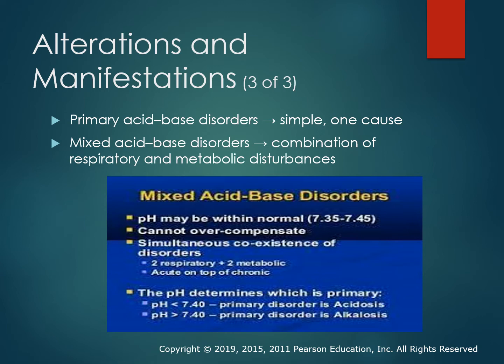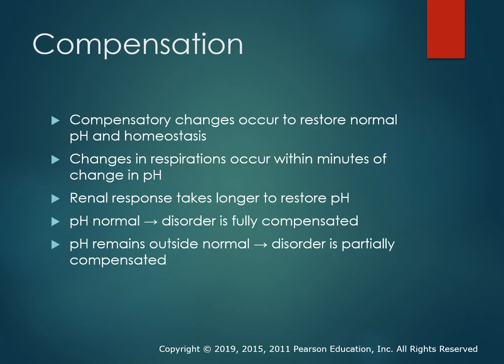Respiratory acidosis, your pH is less than 7.35 and your PaCO2 is greater than 45. In respiratory alkalosis, your pH is greater than 7.45 and your PaCO2 is less than 35. So please study this chart, and we're going to do some practice ones in class.